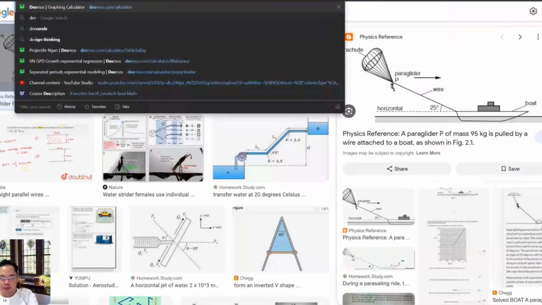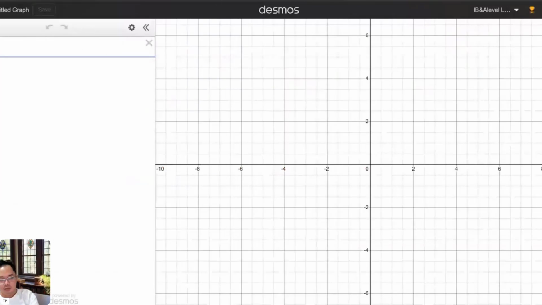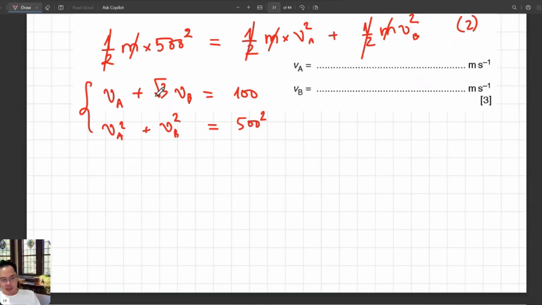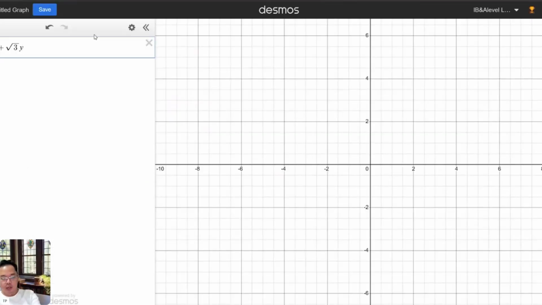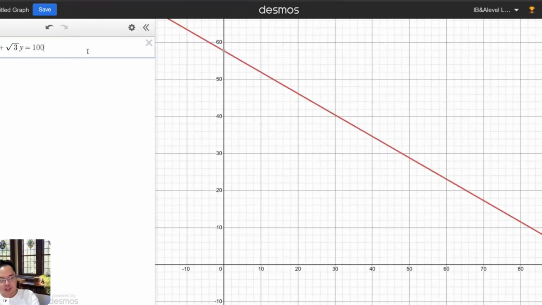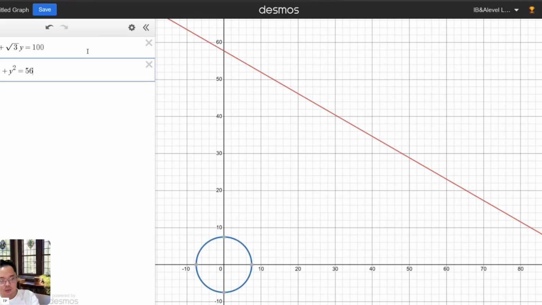When using decimals, we simply put in the two equations, VA, which is x, and then square root of 3 times VB, which is y, equal to 100. That's the first equation, which is a straight line. The second equation, x squared plus y squared equals 500 squared, is a circle.